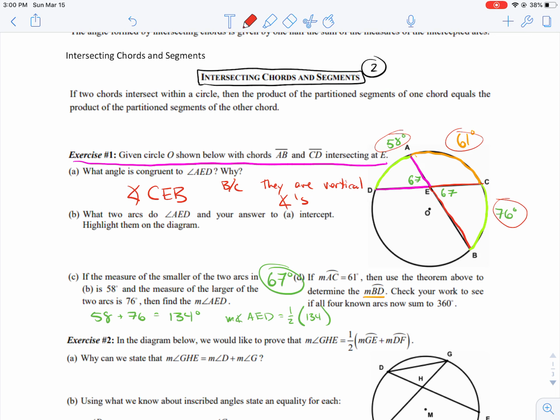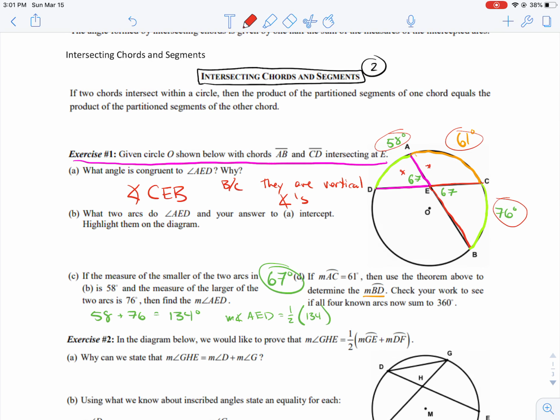If this angle measure right here is 67, what does this have to equal then? And how can I find that? Well, if you recognize that this angle here and this angle here form a linear pair, then you would know that in order to find this angle, you would subtract 67 from 180 and get 113.